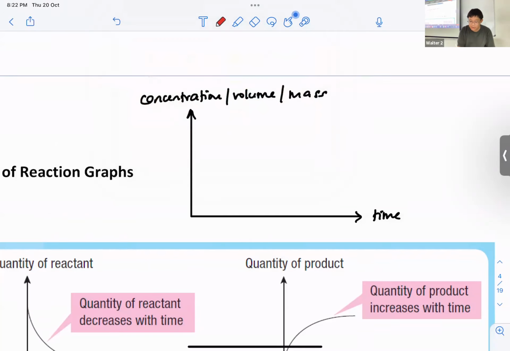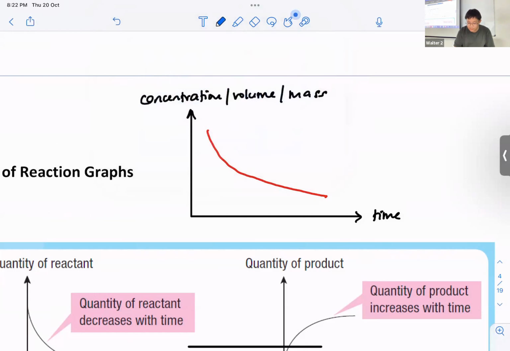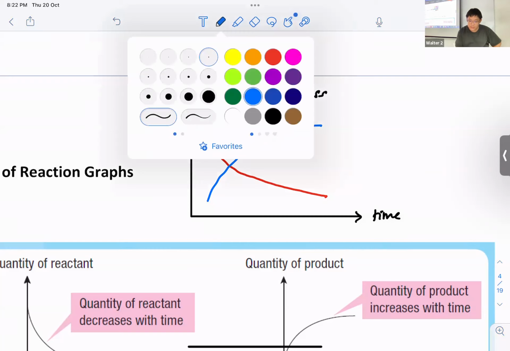For example, the amount of reactants that you have will drop over time, and the amount of products will increase over time. One will increase and one will decrease, according to the same level. So as the reactants are used up, the amount of products will increase over time. Okay, that's how we see it.